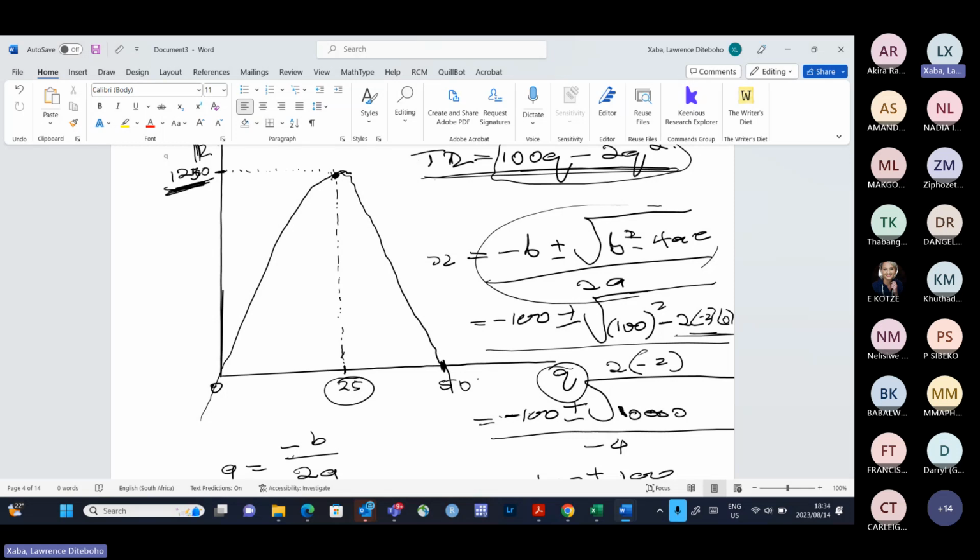That's the whole idea of using a quadratic equation. We want the turning point coordinates, which represent the units of quantity that you want to produce and sell, and how much you are going to create when you sell them. So when we sell these 25 units, we end up having 1,250. That's what we made as revenue from 25 units of the products that we sold. Questions?